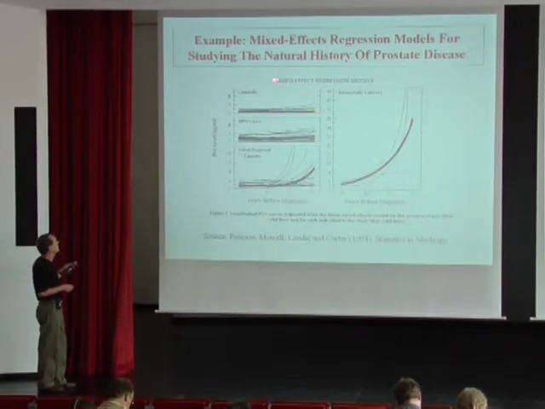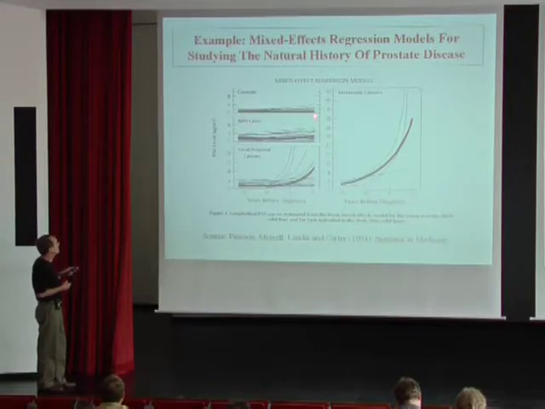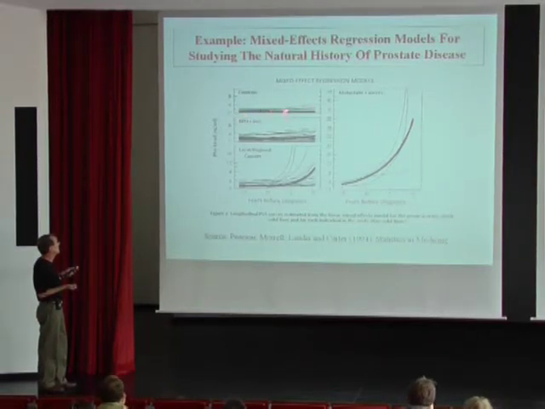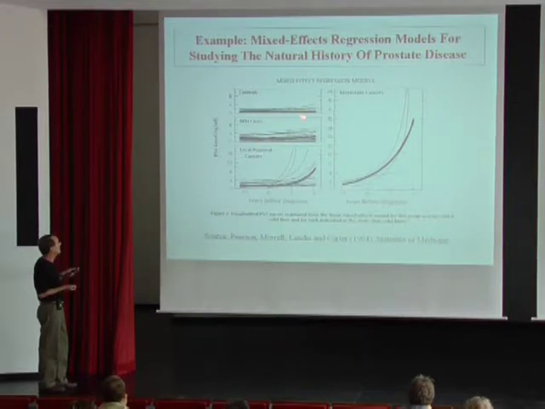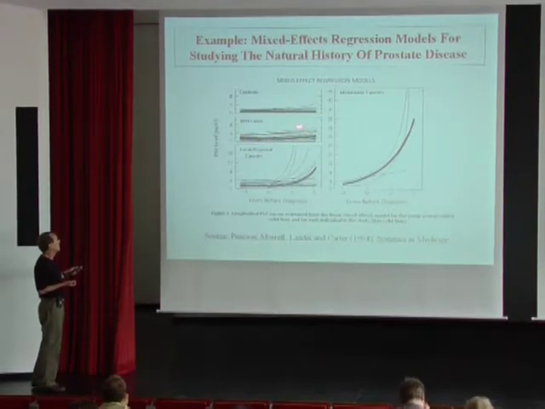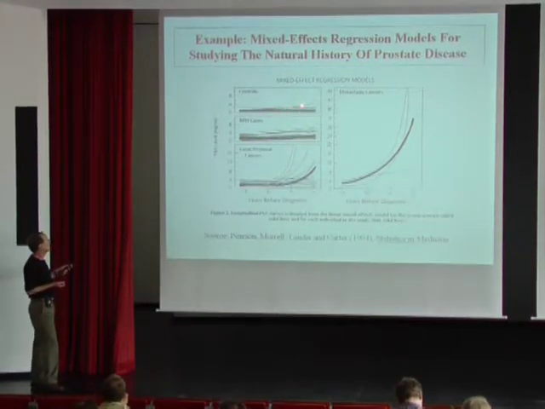You have the ones for controls, which corresponds to normative development, where with increasing age, we can simplify this example to talk about age here. As age increases, the PSA in the blood increases approximately linearly. However, if you are in this class, BPH standing for benign prostatic hyperplasia, an enlarged prostate, then the increase in PSA is a little steeper over age than for the normals.